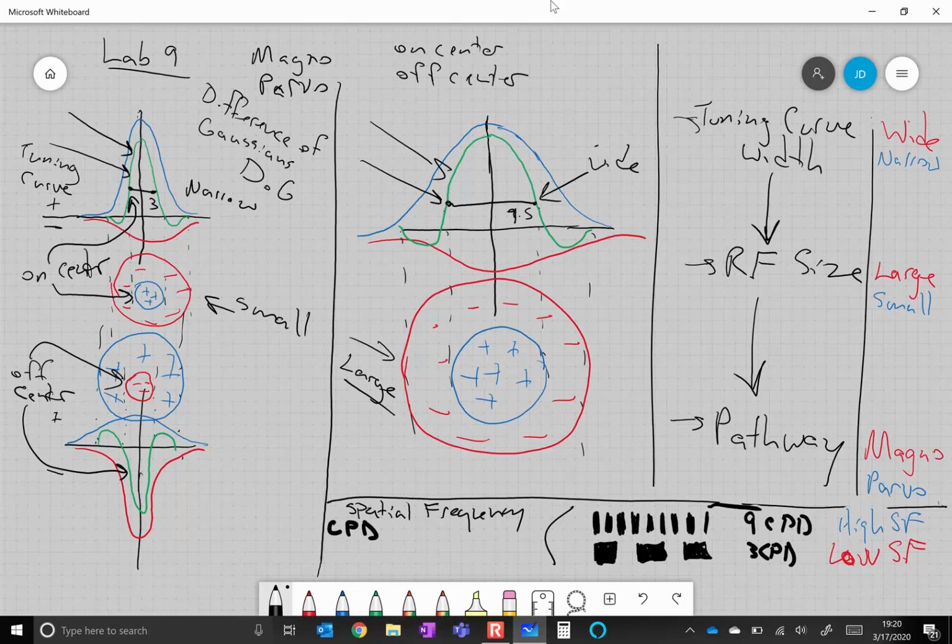So hopefully this gets you some good information, so you'll be able to complete Lab 9. You'll be able to think about the tuning curves and those difference of Gaussians that you created, how that size and shape relates to the receptive field structure and which pathway that is coming from. And this is in the lateral geniculate nucleus.